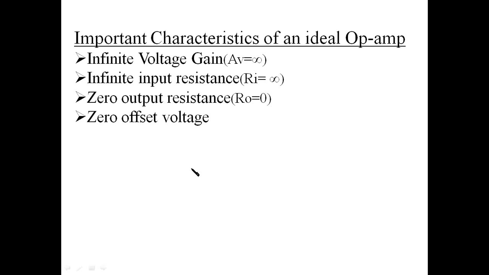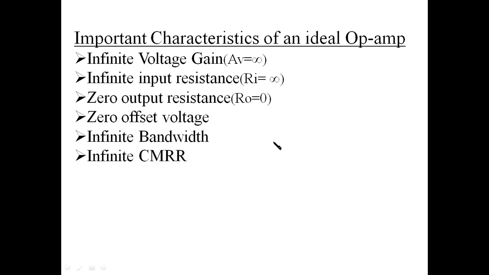In a practical op-amp, a small output voltage is present even though both inputs V1 and V2 are at 0 volt. Next characteristic, infinite bandwidth. The bandwidth of the operational amplifier is infinite, so it is capable of amplifying signals having a frequency from 0 to infinity.